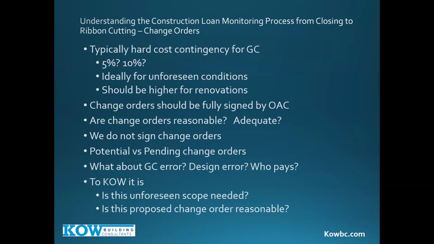That's a good idea. And the reason it should be higher for renovations is your renovation is a lesser number, meaning the percentage will yield a lesser dollar value. And in a renovation, there's things you're not doing. Whereas in a new construction, you're doing everything. So we like to see 10% for renovations, and definitely for a light to moderate renovation, but 5% for new may be okay.